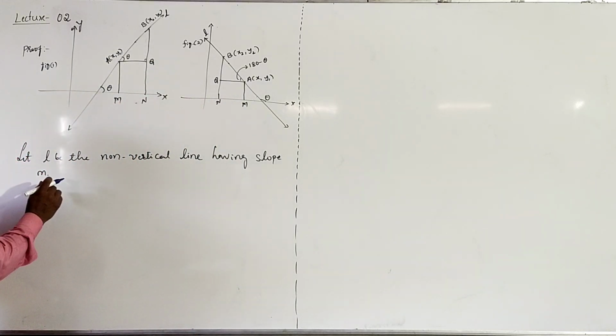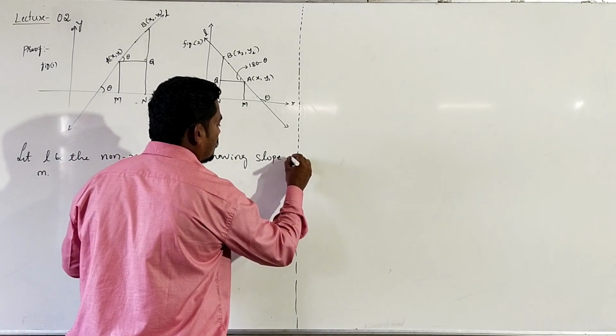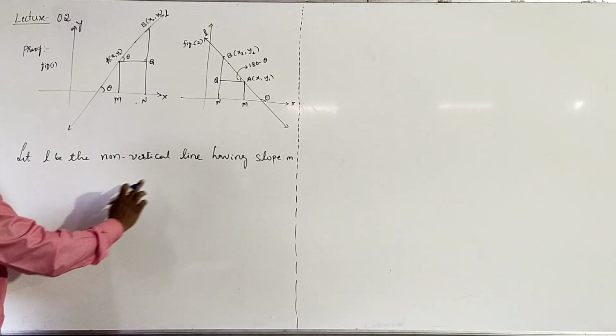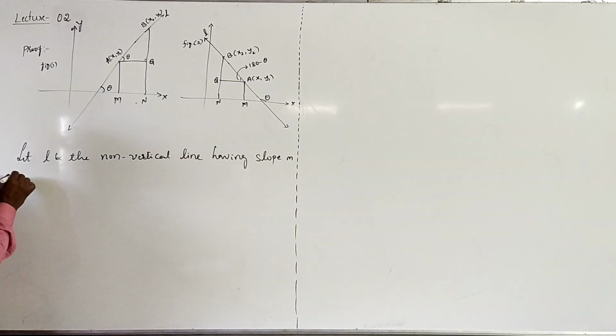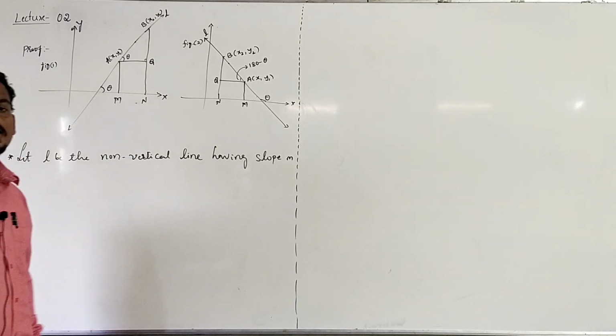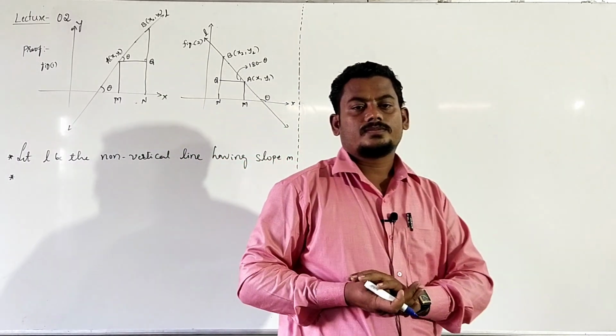Then what is the second point? Just write here only, having slope small m. It is the first point. Then write the second point about this diagram.